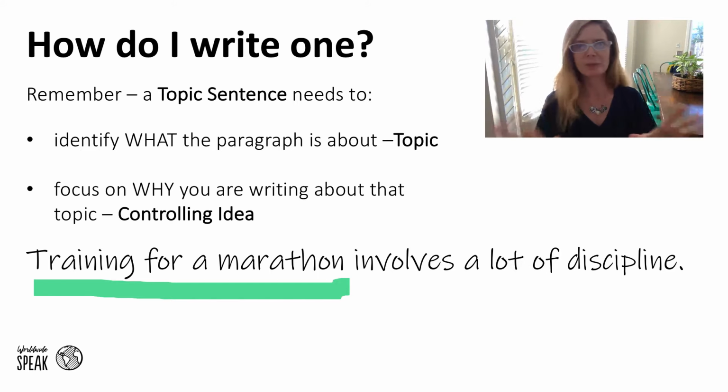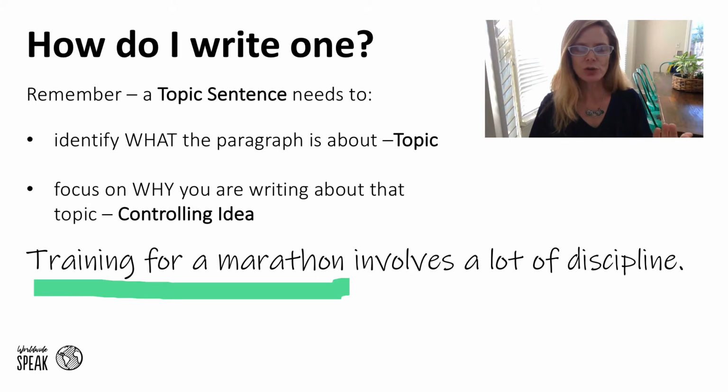There are a lot of different pieces or parts or ways to train for a marathon. Now, when I'm writing my paragraph, I don't want it to be such a big subject matter that I could confuse the reader. So I want to focus it with my controlling idea, and I'm going to pick one aspect or one part of training.